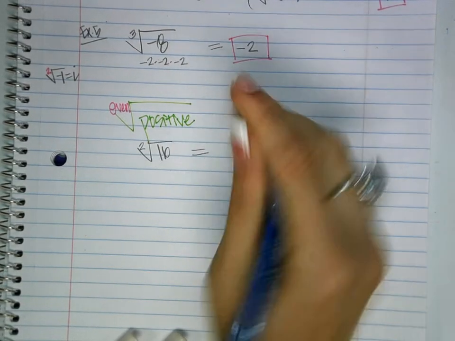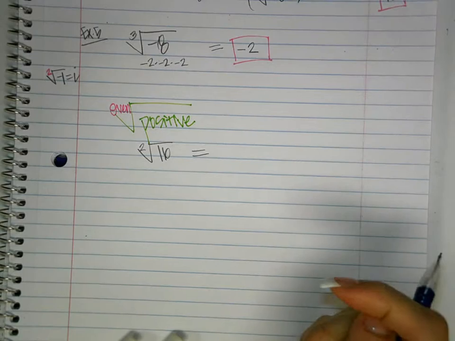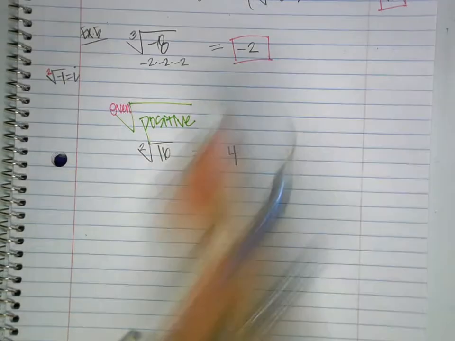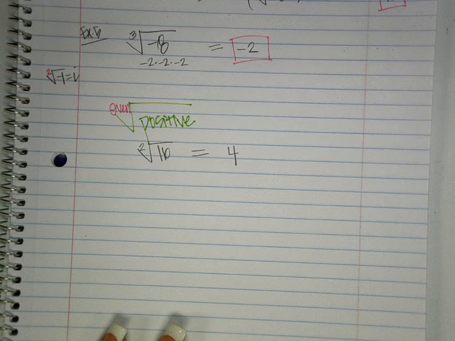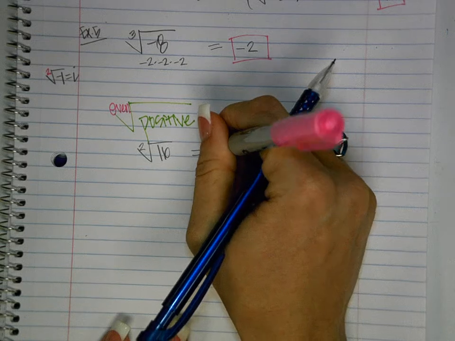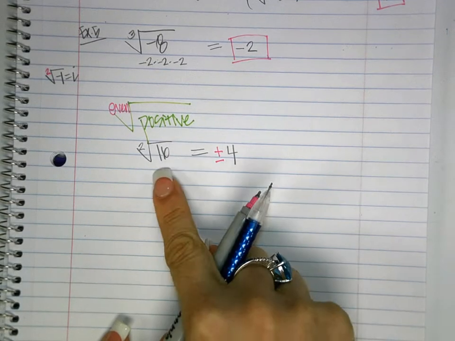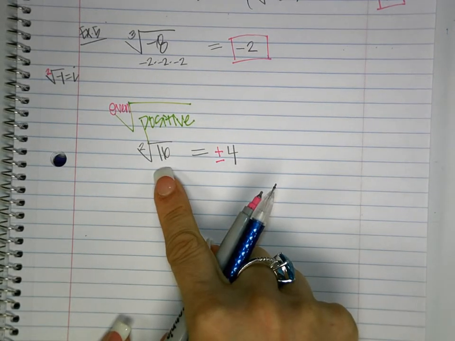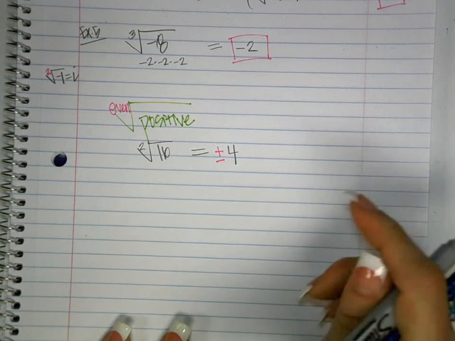What would that give you? What is the square root of 16? 4. Is it just 4? Or is it just positive 4? Or negative 4? If you plug that back in, couldn't I get negative 4? 16 breaks down to 4 and 4, but couldn't it also be negative 4 and negative 4?